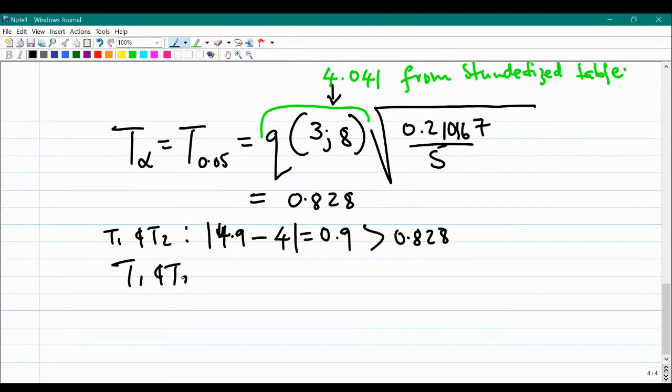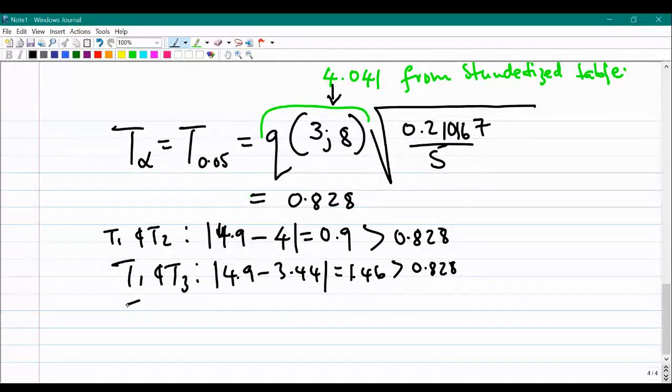T1 and T3, 4.9 minus 3.44. What is the value? 1.46. 1.46 is also greater than 0.828.